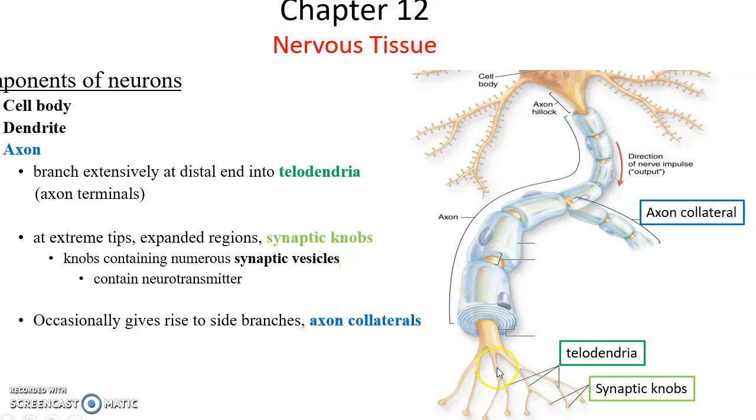So all these little branches of the telodendria end in synaptic knobs. Synaptic knobs are filled with synaptic vesicles, which are filled with neurotransmitters. That should all sound a little familiar. Occasionally, you'll have an axon that splits off and has an axon collateral branch going somewhere else. This is relatively rare, but it can happen.